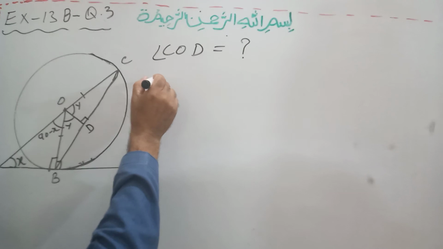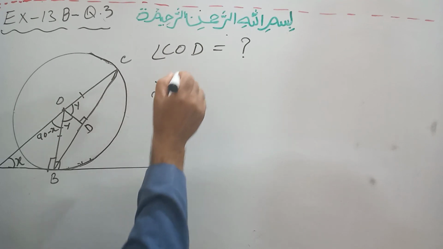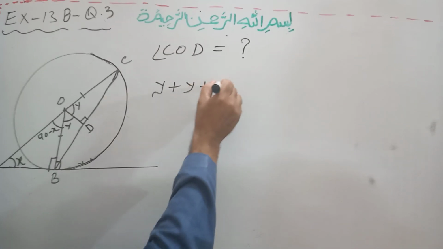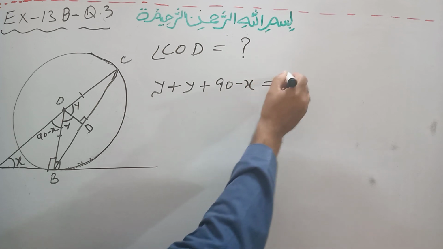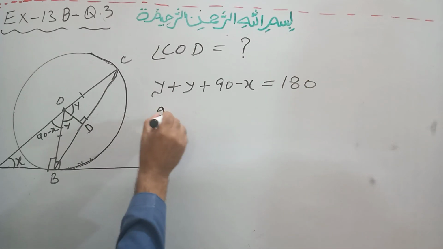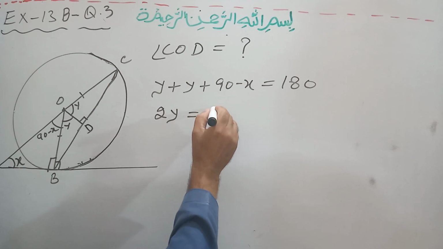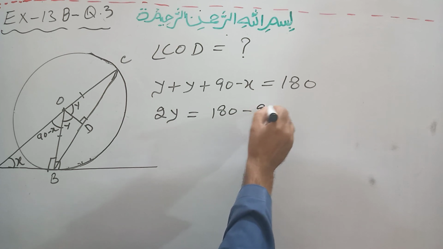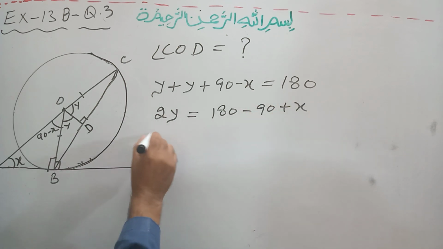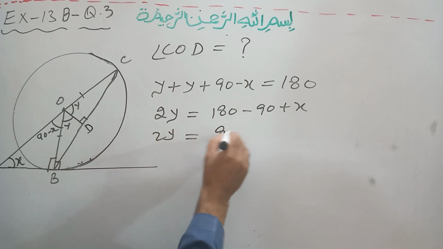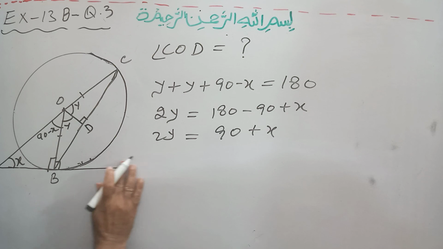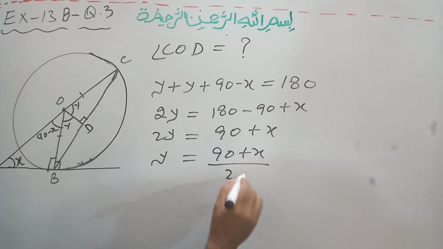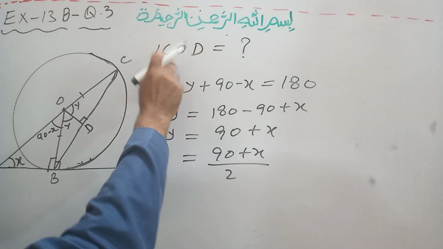So we write Y plus Y plus 90 minus X is equal to 180. 2Y is equal to 180 minus (90 minus X), so 2Y is equal to 90 plus X, and Y is equal to (90 plus X) over 2, where Y is angle COD.